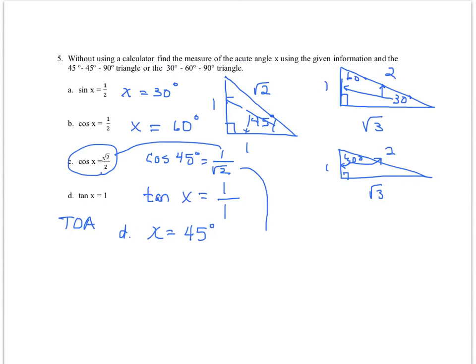Let's go way down here. 1 over square root of 2. I can multiply the top and the bottom by square root of 2. So I get square root of 2 over 2. Ta-da! So the answer to part C is x is equal to 45 degrees.